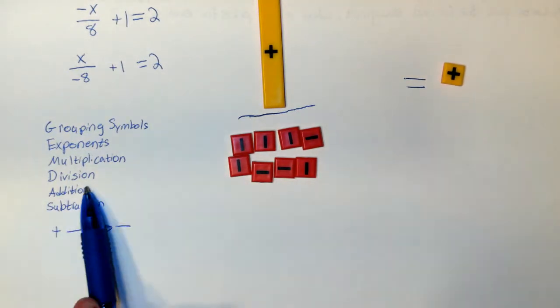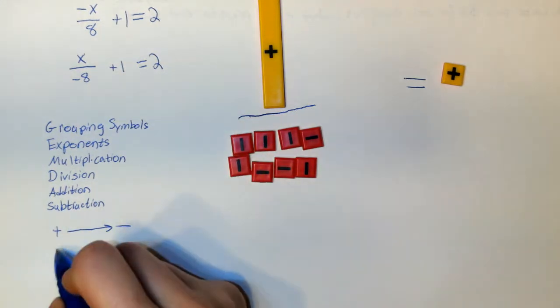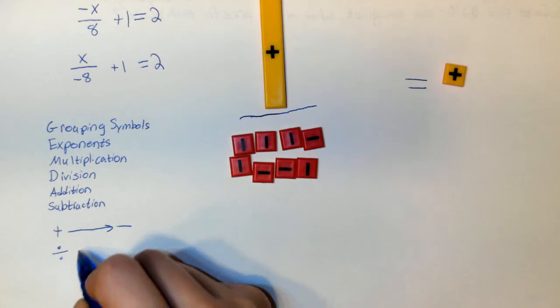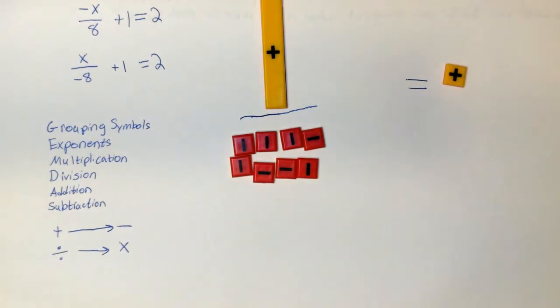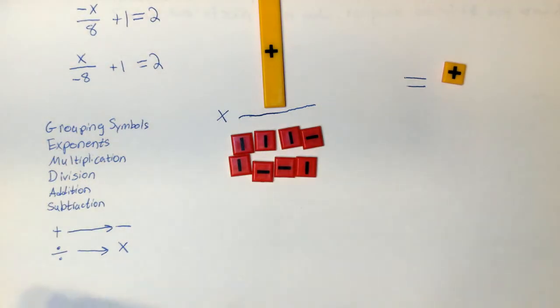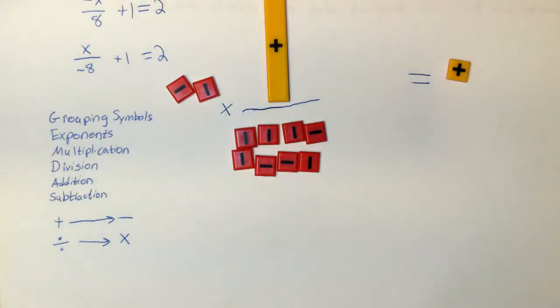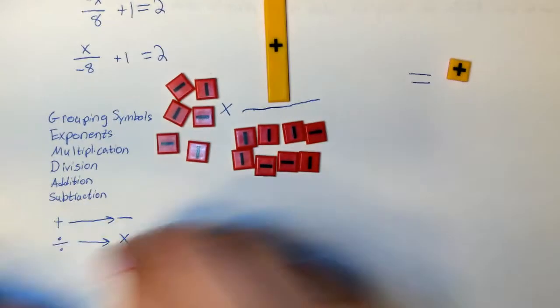So do we have any division happening? Of course, we're dividing by this negative 8. So the opposite of division is multiplication. So we're going to go ahead and do that. We want to get x by itself, so we're going to want to multiply by negative 8. So we'll do the multiplication symbol and have 2, 4, 6, 8.